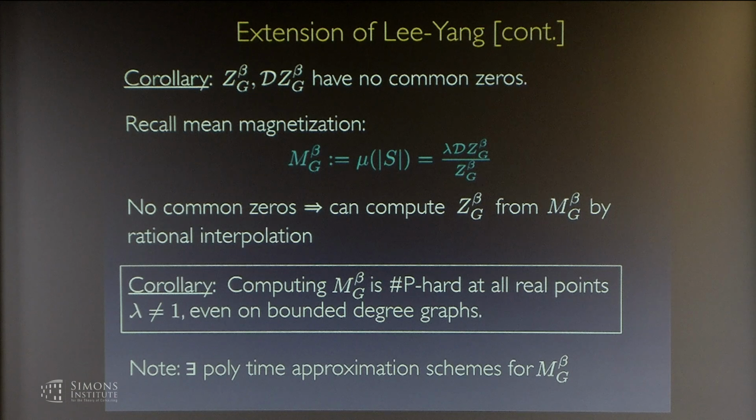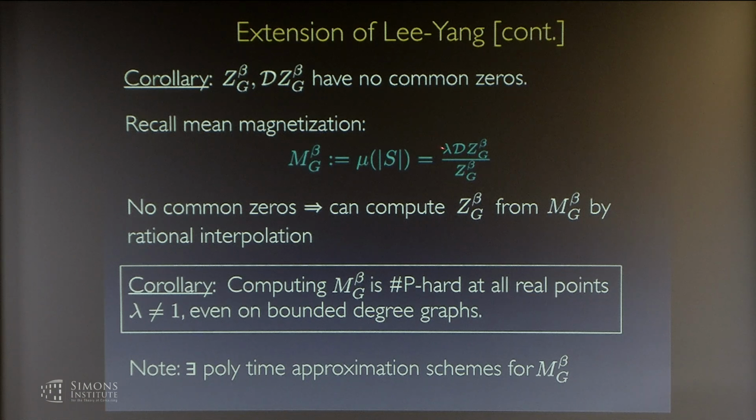So remember, the mean magnetization can be written basically as the ratio: the derivative divided by Z, right? So that's the quantity of interest.